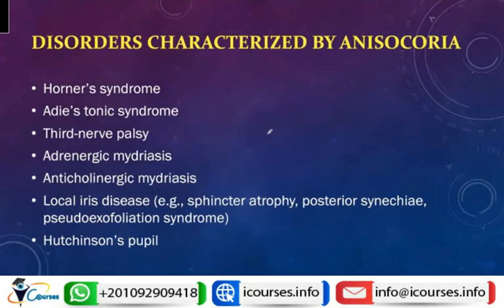So what are the diseases that may be characterized by anisocoria? We have the Horner syndrome, tonic pupil, third nerve palsy, and pharmacological mydriasis by adrenergic agents, or anticholinergic mydriasis, so either by stimulation of the dilator pupillae muscle or by relaxation of the constrictor pupillae muscle, and local iris disease or what's called Hutchinson pupil.